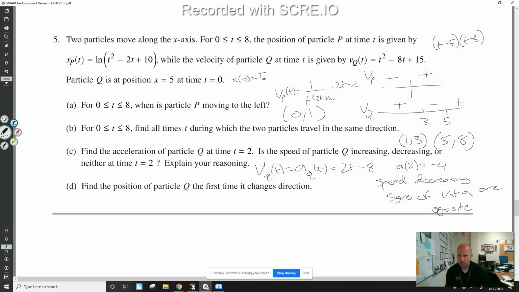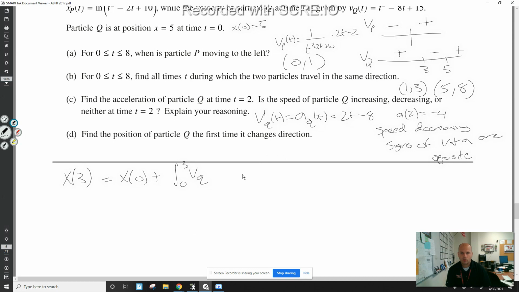Find the position of particle Q the first time it changes direction. All right, so Q changes direction at 3. I need to find x of 3. Now, there's two ways to do this. If you had a calculator, you could easily do x of 0 plus the integral from 0 to 3 of v of Q. Okay, plug that in. But you don't have a calculator.